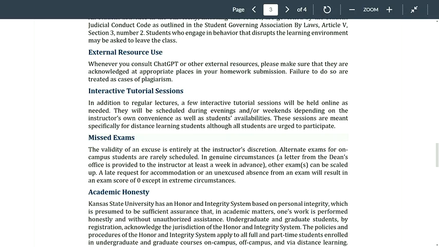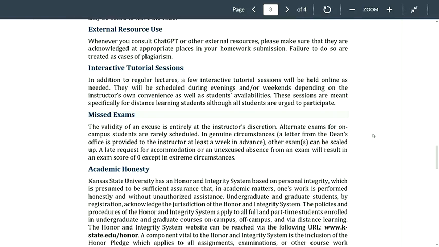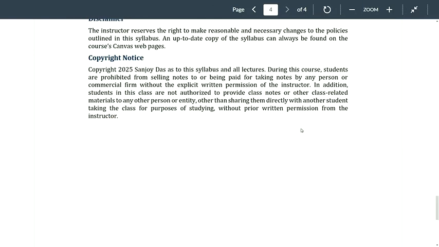I would prefer Saturday evenings if that's okay with you guys, so that everyone can participate. Especially for the homework questions, I will give you tips on how to solve them. And the rest is just the usual stuff.